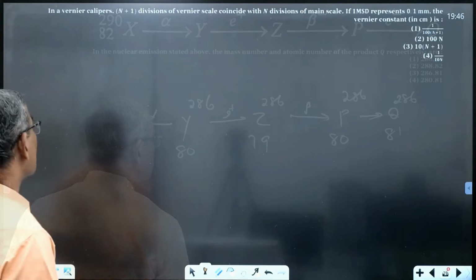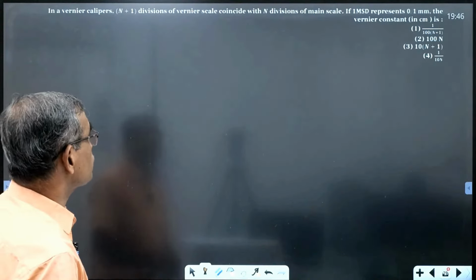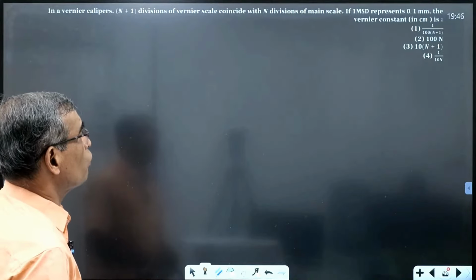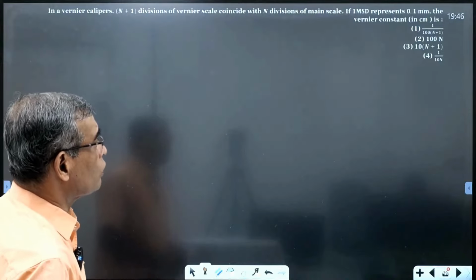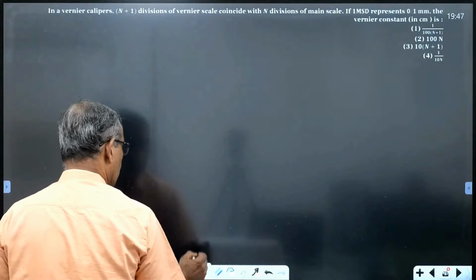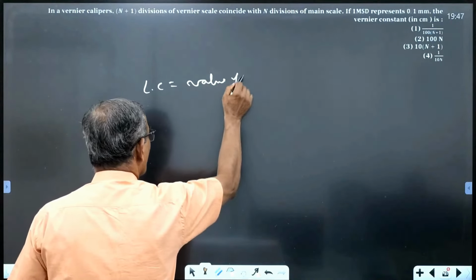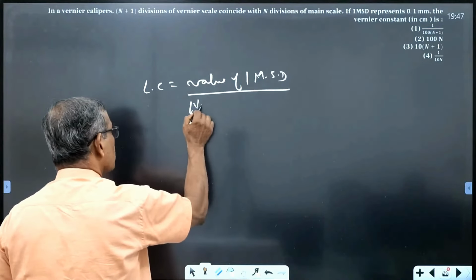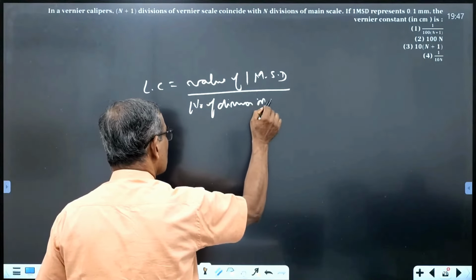Next, the vernier caliper: n plus 1 divisions of the vernier scale coincide with n divisions of the main scale. If one main scale division represents 0.1 millimeter, find the vernier constant, that means the least count. What is the least count? You know the basic formula for least count: value of one main scale division divided by the number of divisions on the vernier.